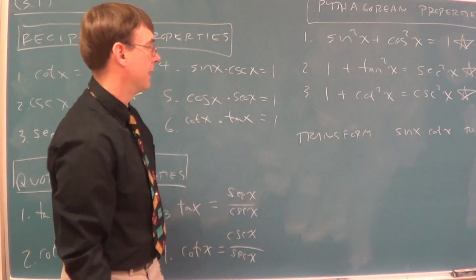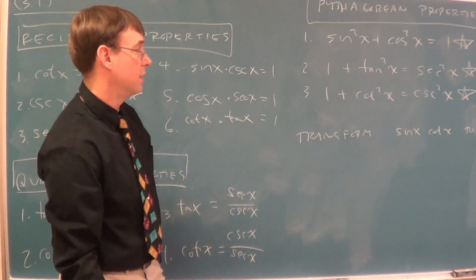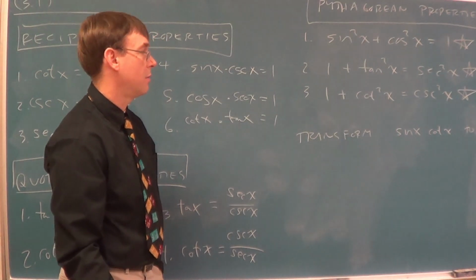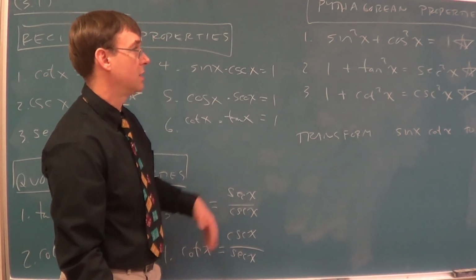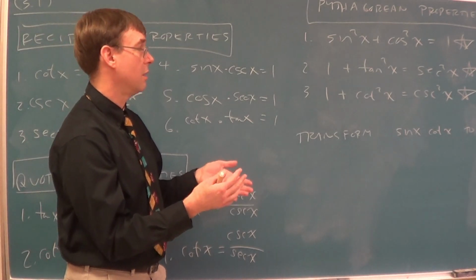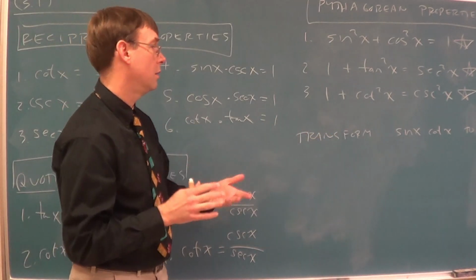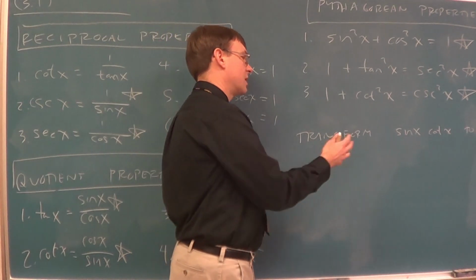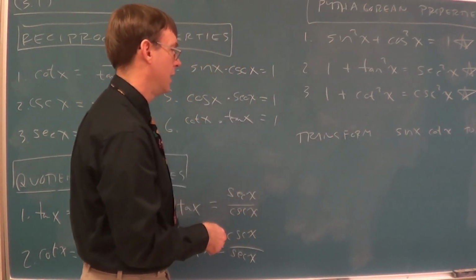So why would you do this? Well, one would be to solve equations, which we'll do over the chapter. Another will be to take a big thing and make it smaller, which is always encouraged in math. Take big things, make them littler if you can. So it's going to enable us to do those 2 things.